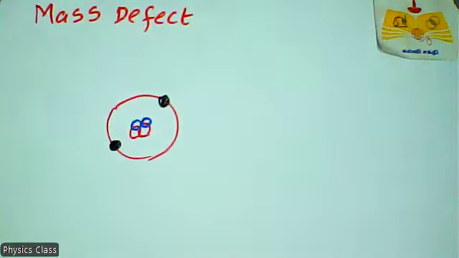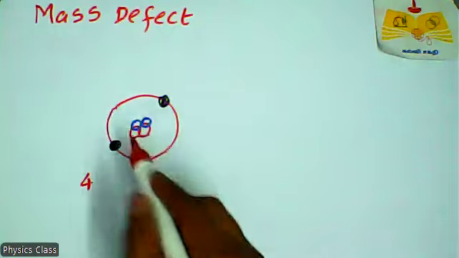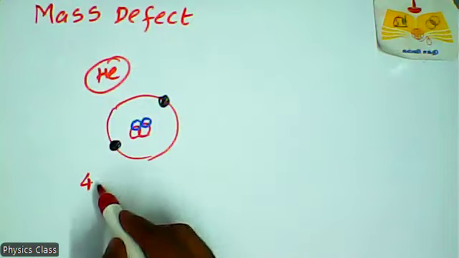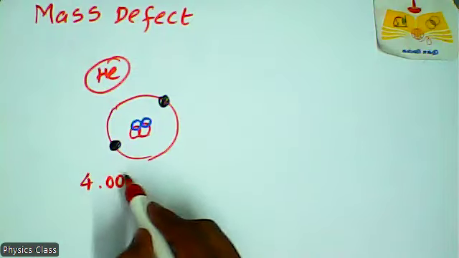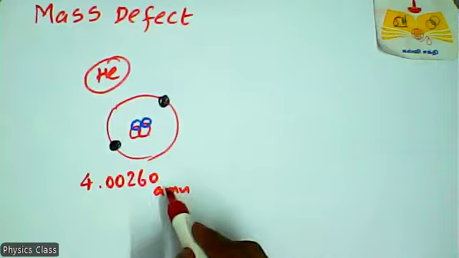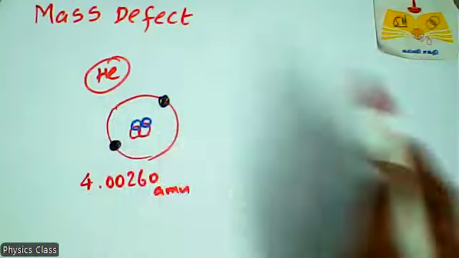The mass of the helium atom is 4.00260 AMU.